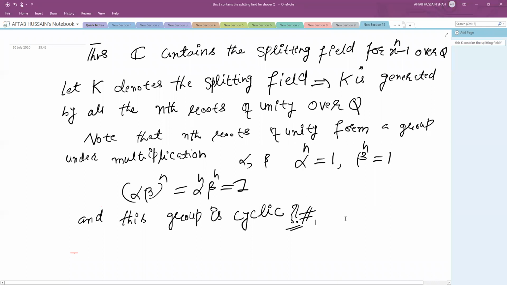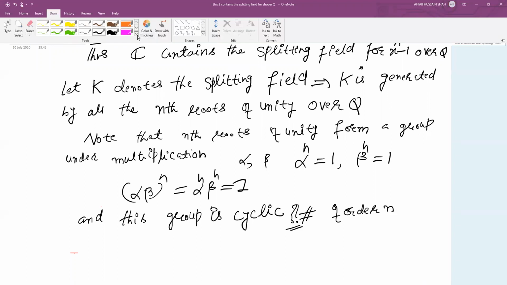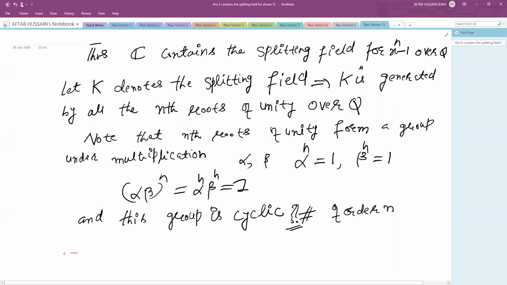Yes, because we have a well-known result that a finite subgroup of the multiplicative group of a field is cyclic. And the order of this group is n. It is cyclic of order n, by this result.